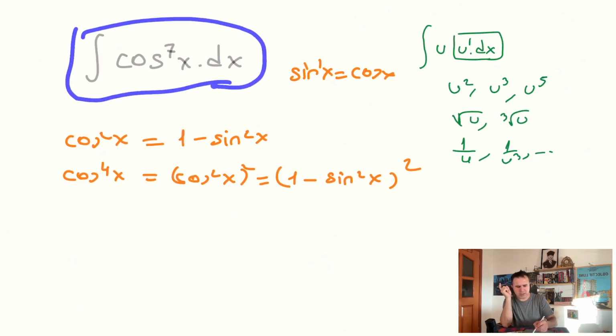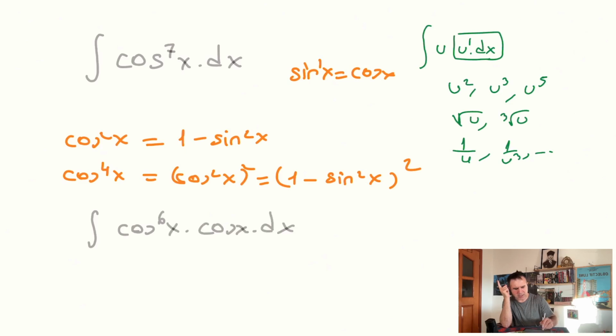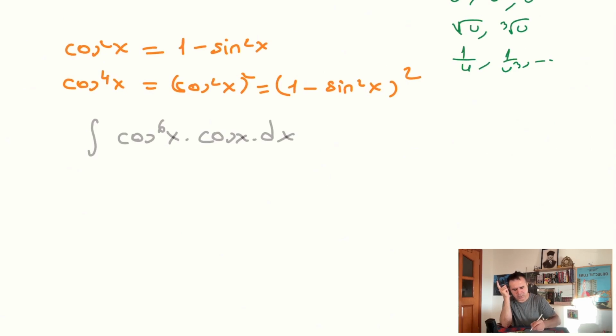So what we need to do here is split cosine to the power of 7 of x into two parts, and I will write it as cosine to the power of 6 of x times cosine x dx. If we can write this part using sine x, then we can use the substitution method.